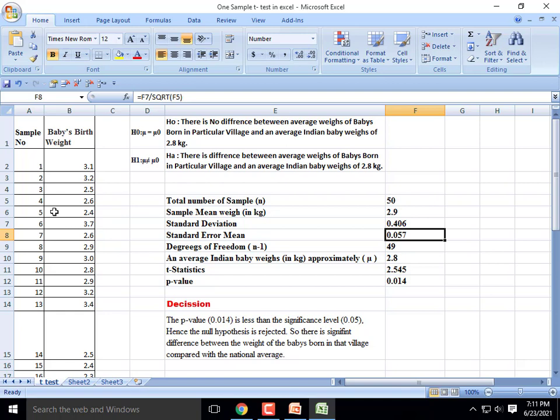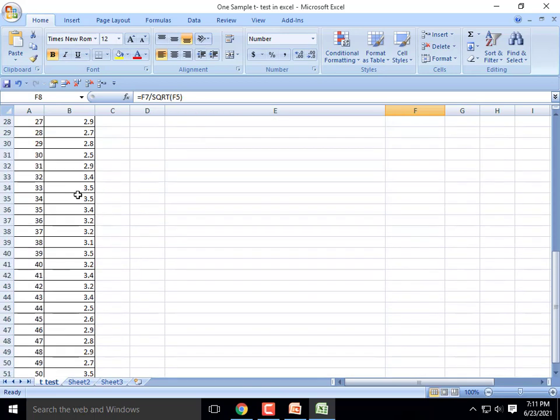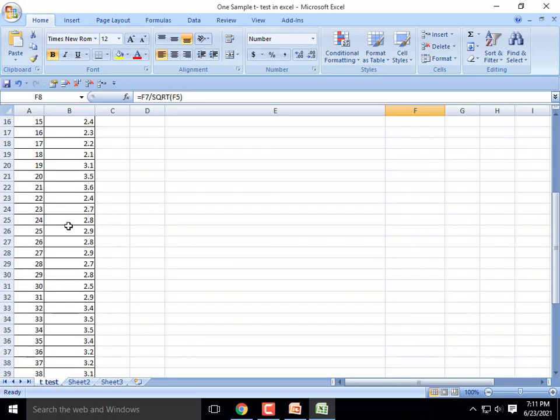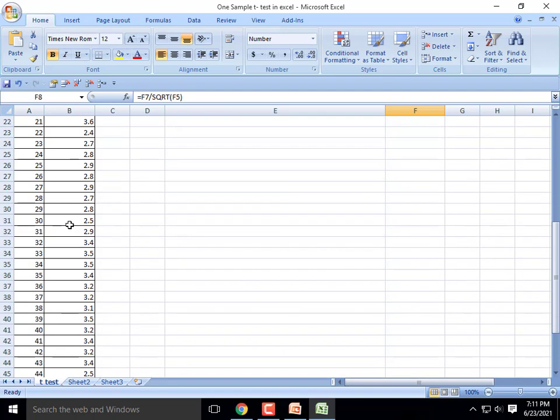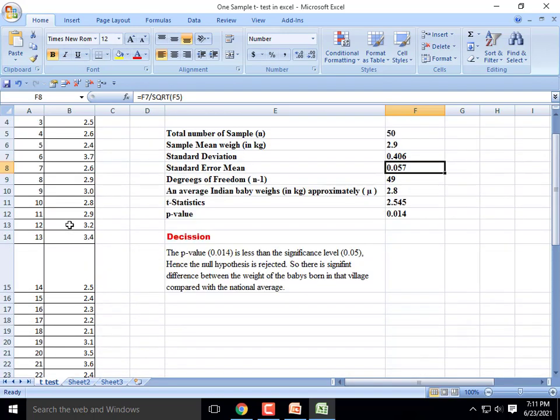Now let us take the average baby's birth weight here. Now we are going to compare this mean with the population mean, that is the average Indian baby weight of 2.8 kg. Now this is mu, that is population mean. Here we have the average weight of babies born in a particular village.